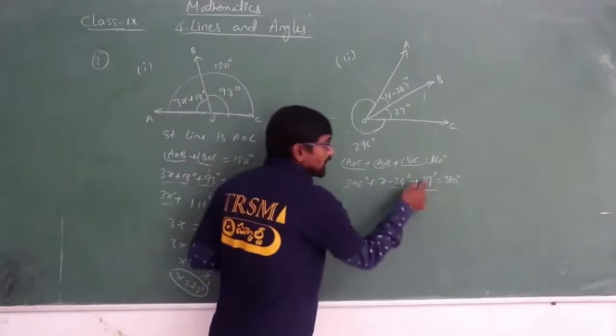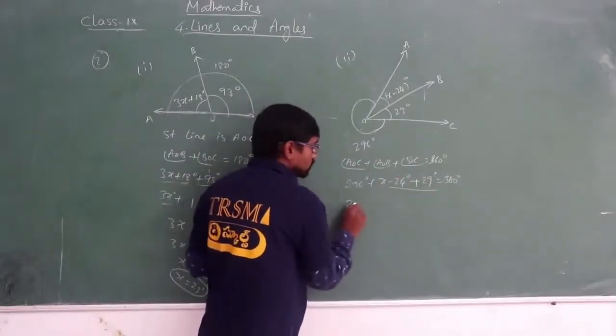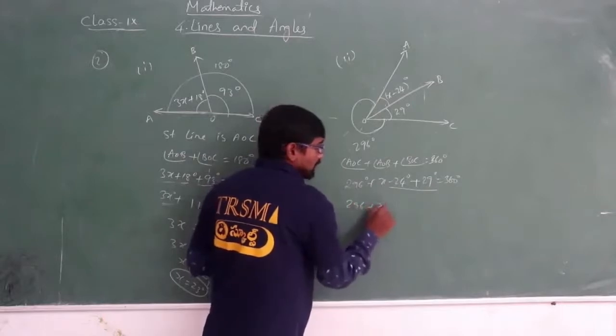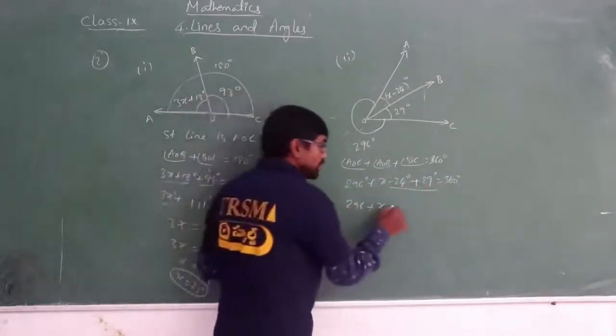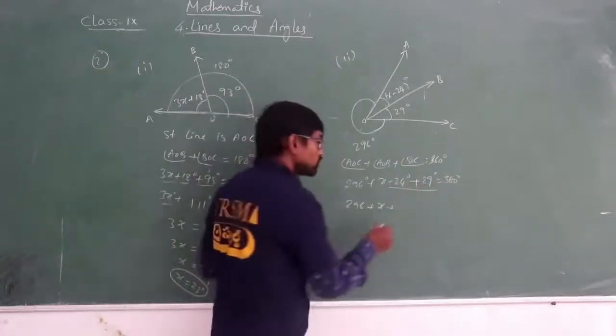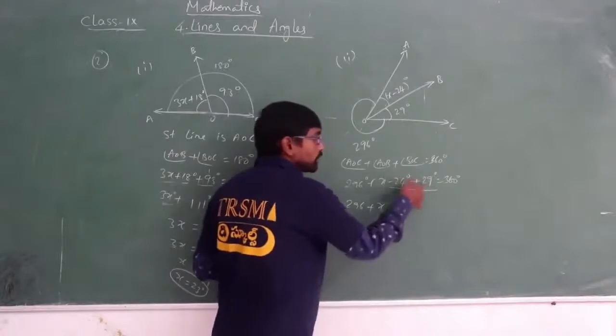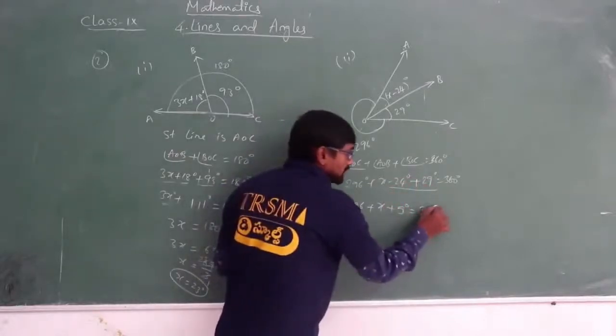First addition we have to do, and later we can do subtraction. As we have like terms here, I am taking these. So here I will write 296 plus x, 29 minus 24 will be 5. As the bigger number carries the plus symbol, we will be getting the answer in positive. 29 minus 24 is 5, is equal to 360 degrees.